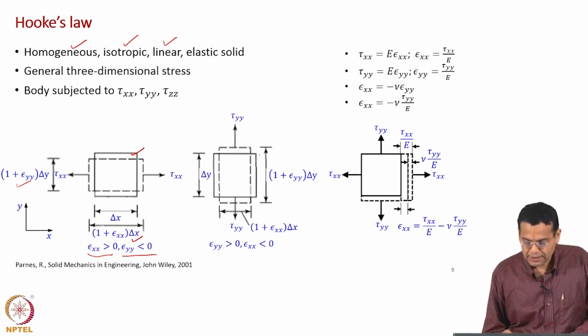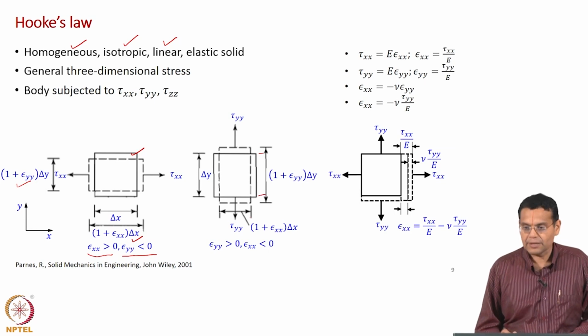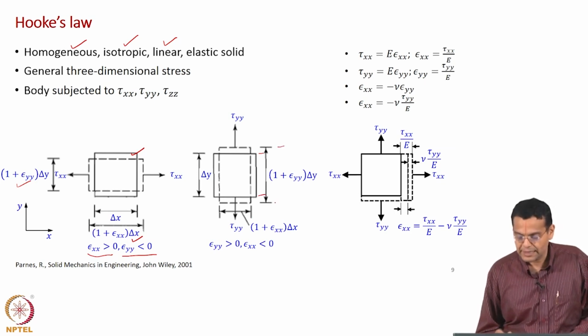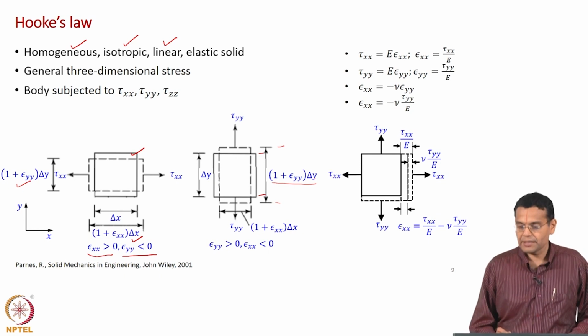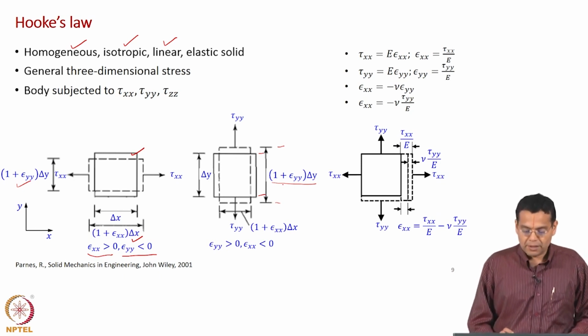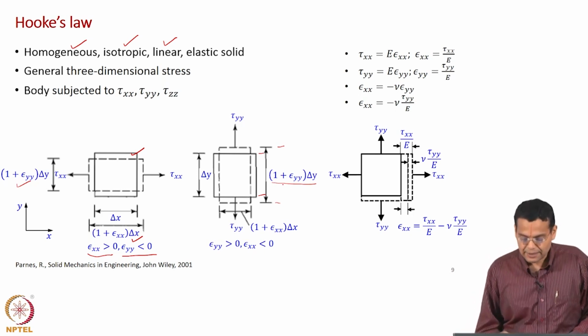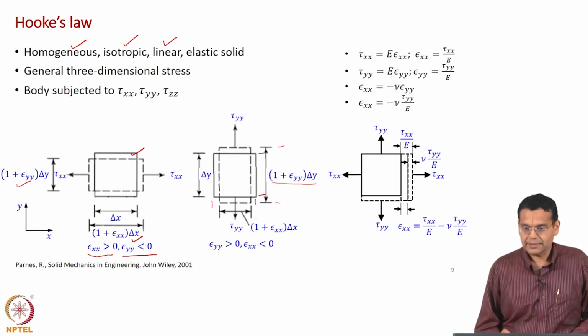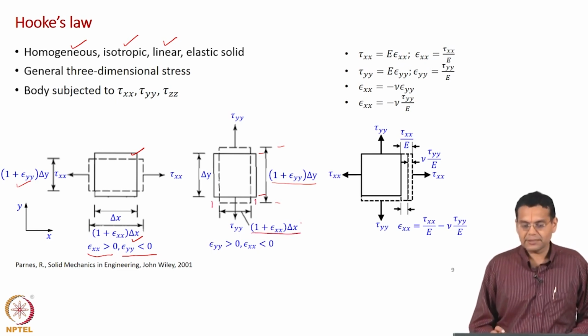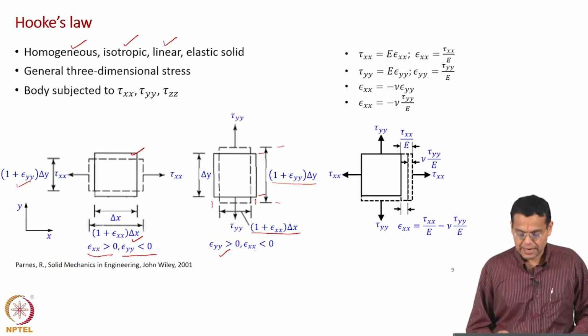The original length along y direction is delta y, the increased length is 1 plus epsilon yy into delta y. Now, there is contraction along x axis, which is the perpendicular direction, and the original length is delta x and the new length is 1 plus epsilon xx into delta x. So, for this condition, epsilon yy is greater than 0, elongation along y axis and contraction along x axis, so epsilon xx is less than 0.